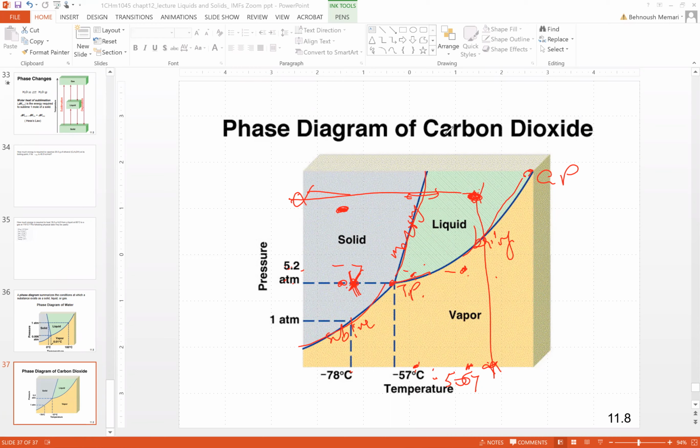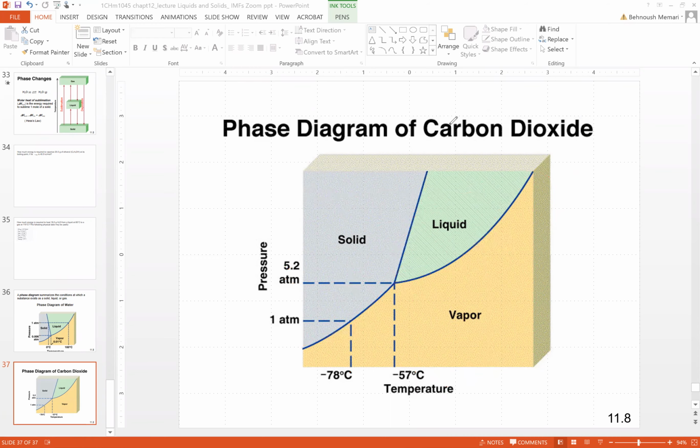You might have noticed that the melting line for carbon dioxide and for water is slightly different.